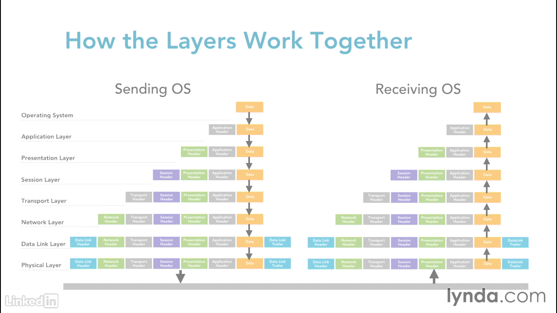Now, as the data passes up through the OSI model, instead of adding a header, it removes a header. And as it removes a header, removing that header tells the receiving computer what to do next with the data that it has received.